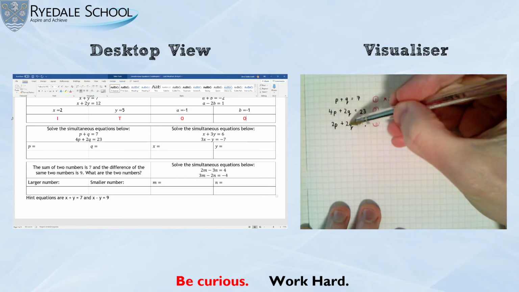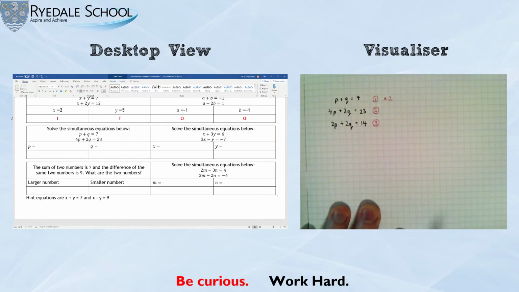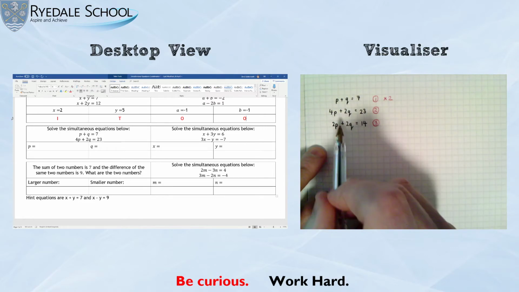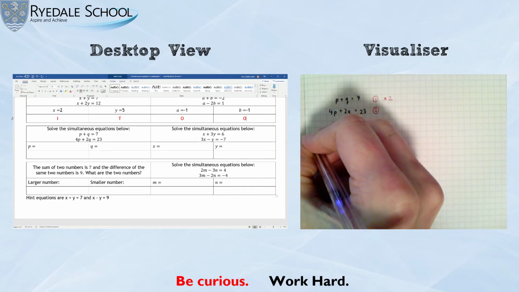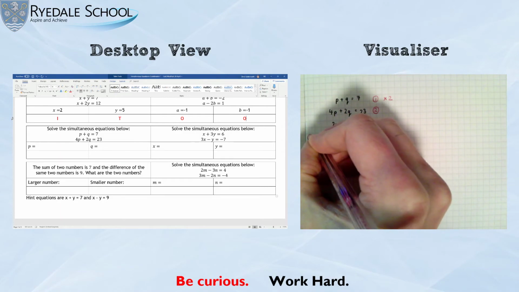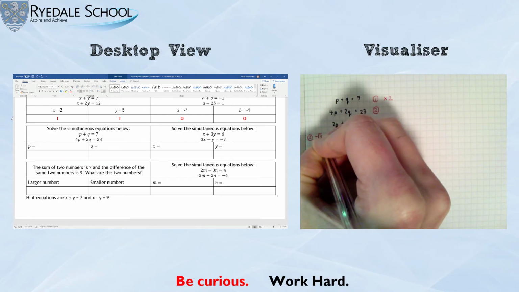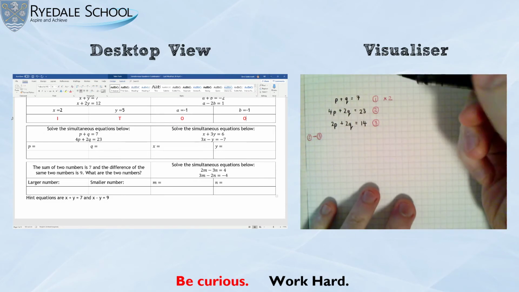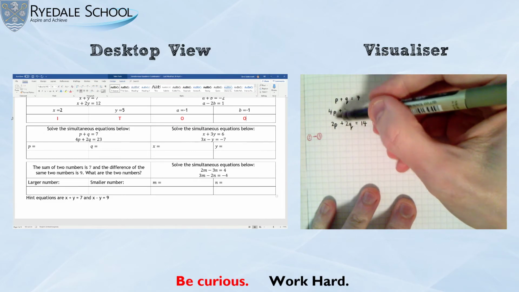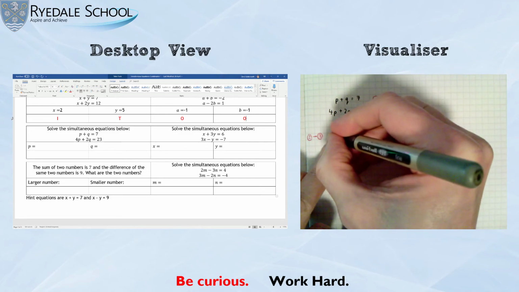These number of Q's are the same, so to get those to eliminate, again, it is another subtraction question. So I'm going to do equation 2, take away equation 3. Working this through, it is 4p, take away 2p's.